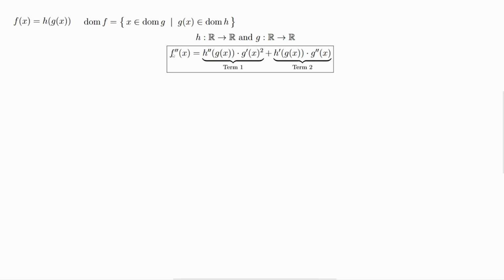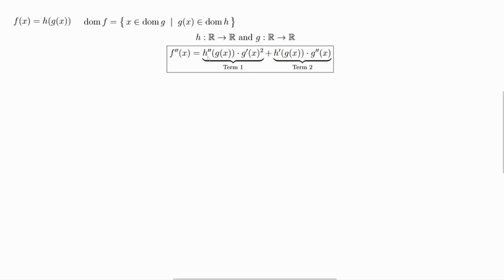Using the chain rule from calculus, we can calculate the second derivative of f. Then we look at each term and see what needs to be the case for this expression to be greater than or equal to 0. Looking at these terms individually, the first term has this part here, which is always non-negative because it's squared.